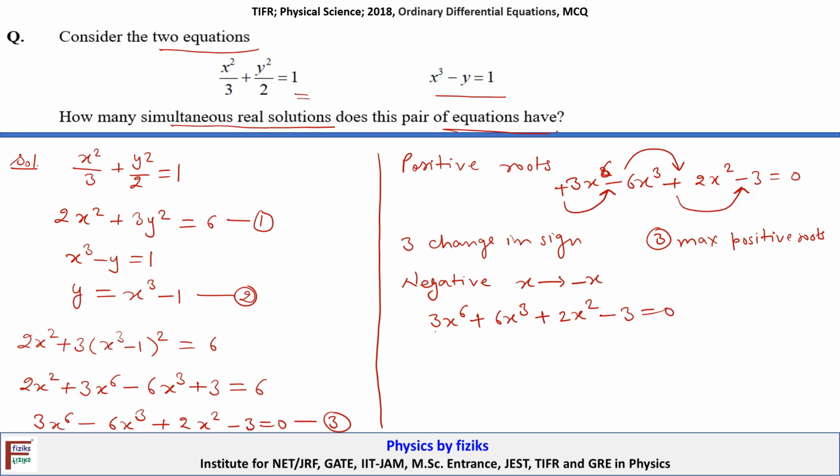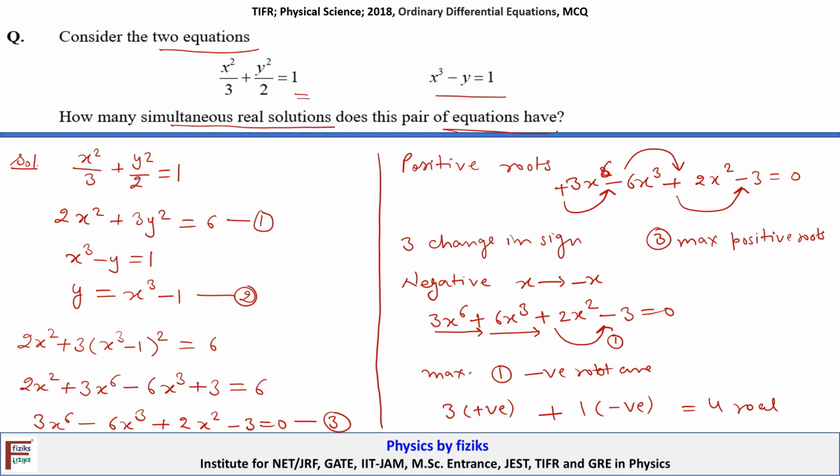In this equation we observe there is no change in sign from the first term to the second, and no change from the second to the third, but from the third to the fourth there is one change in sign. Therefore the maximum is one negative real root and three positive real roots, so in total 3 positive plus 1 negative, and a maximum of 4 real roots are possible.